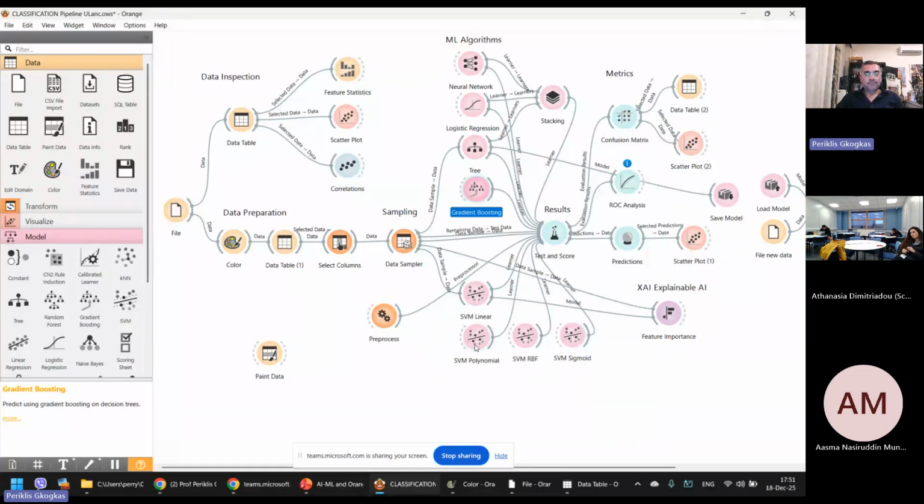The difference between those 4 types of support vector machines algorithms is that we have here different kernels. As you can see, I have the SVM with the linear kernel, the SVM with the polynomial, RBF, and sigmoid kernel.